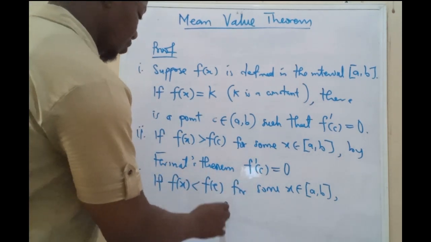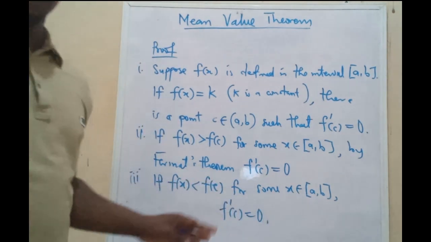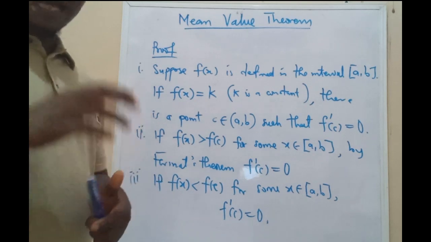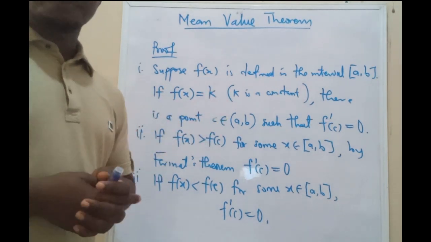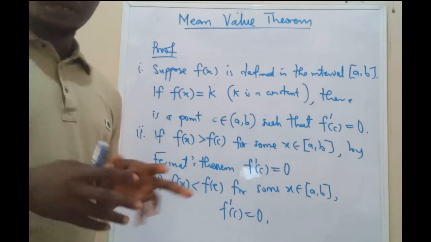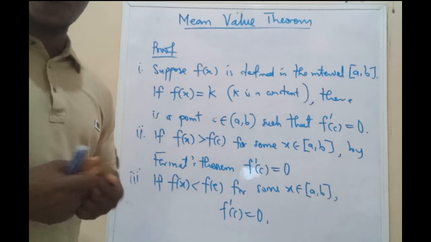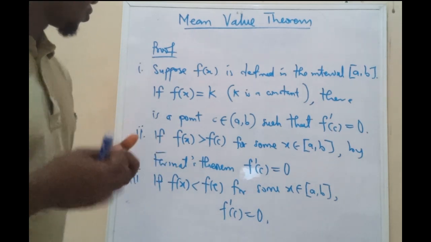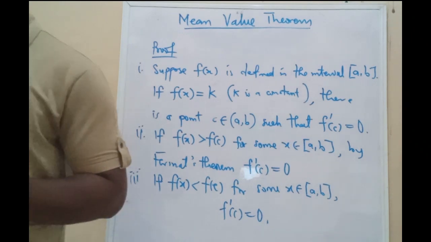So this is how the Rolle's theorem is proved. As for examples of the Rolle's theorem, they are numerous, but for this class we'll consider one or two examples to see how one can apply the Rolle's theorem.